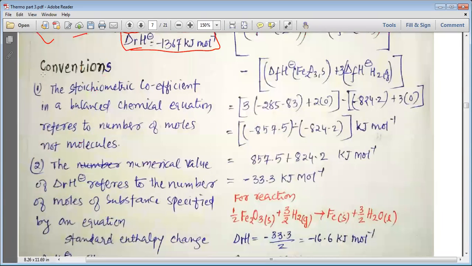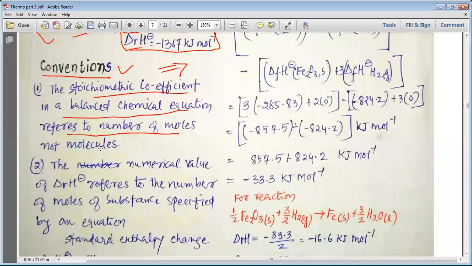Now, my dear students, let us understand the conventions. Conventions are the ideas or thoughts which are given by the organization that makes us understand the various rules to understand the various terms or how to represent them mathematically. The stoichiometric coefficient in a balanced chemical equation refers to the number of moles and not the number of molecules.